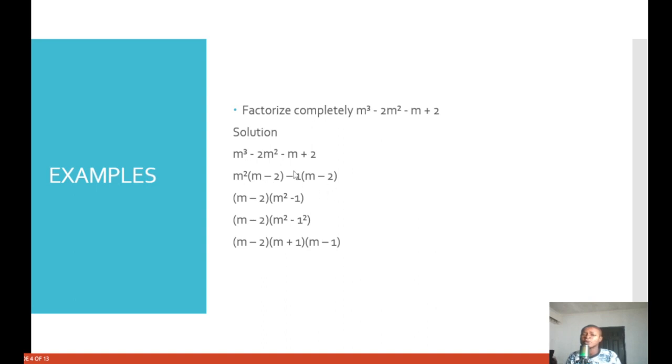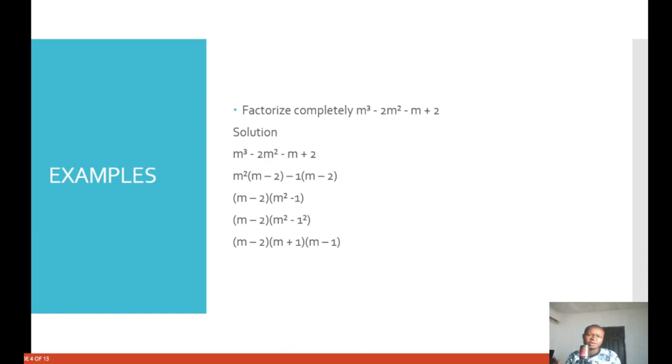And mind you, when you are dealing with factorization, you must make sure that the factor inside the brackets must be the same. Once it is not the same, there is a problem. So we should take note of that. We must make sure that the 2 brackets are the same. Once it's not the same, definitely we might get it wrong at the end of the day.